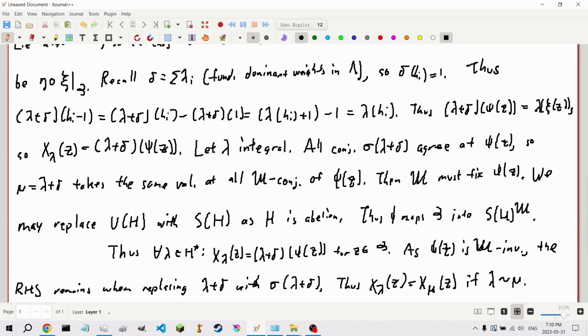This is our previous corollary, but for all lambda, mu in H star, as we remarked earlier.